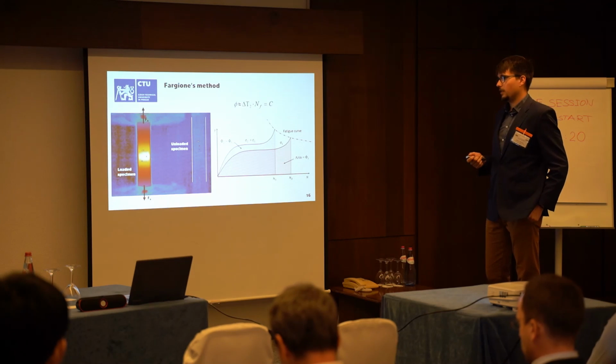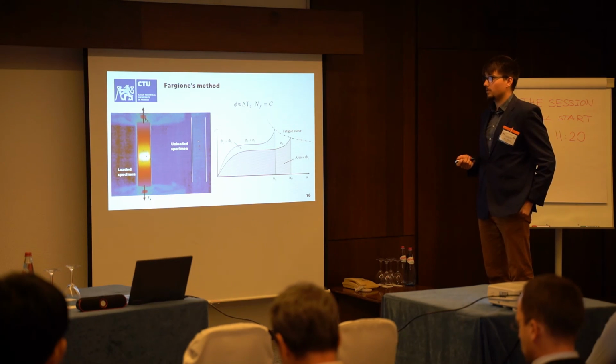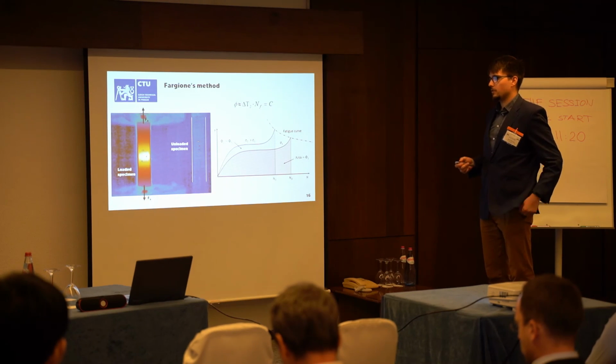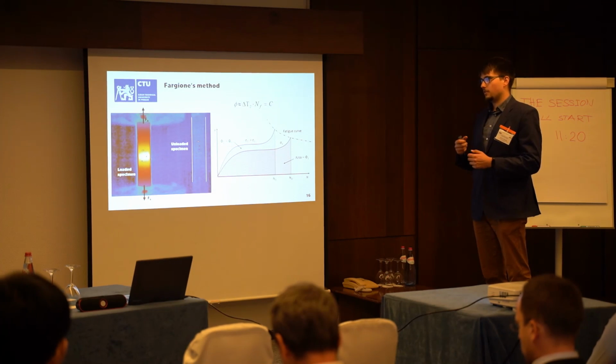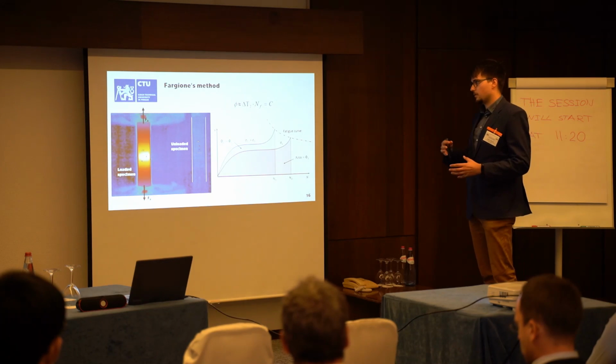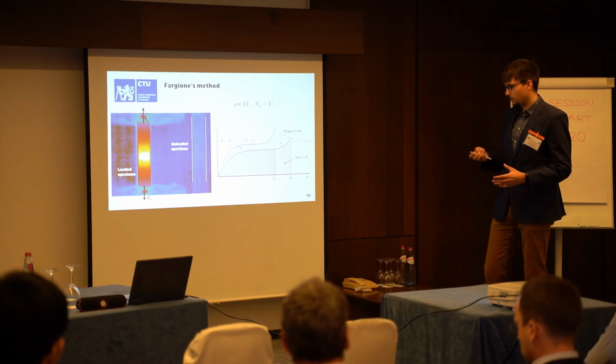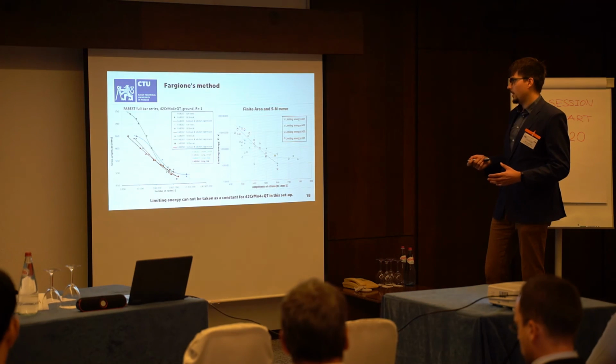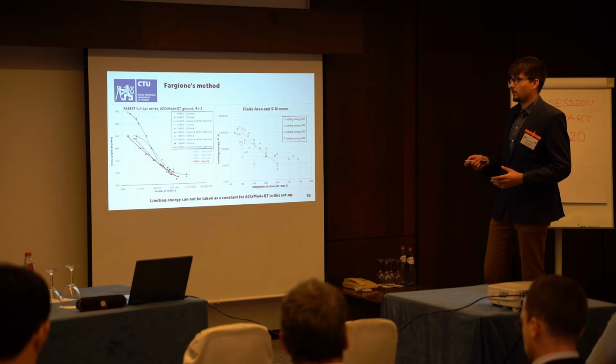It's fairly easy, and it comes to quite good results because we're only observing the temperature on the sample surface. We're not applying any strain gauges or anything. And if this works sufficiently, it could approximate the SN curve quite well.